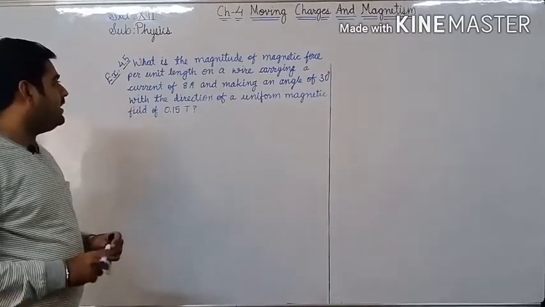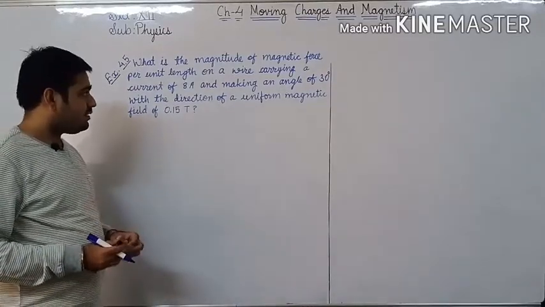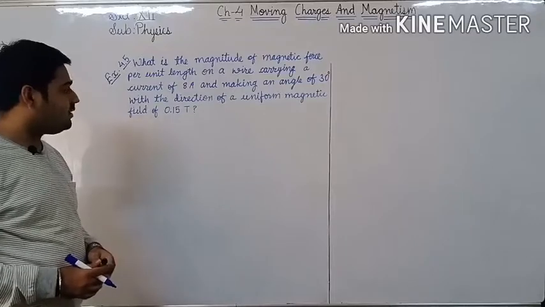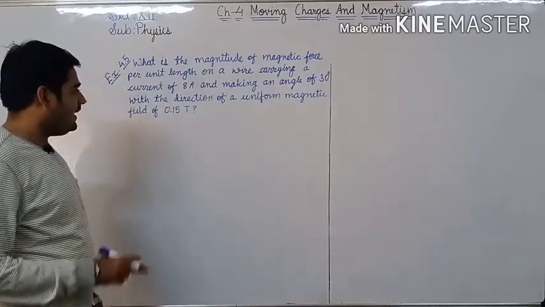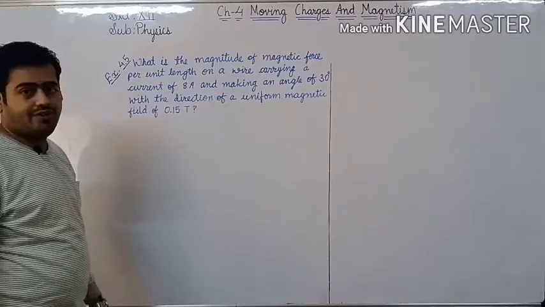What is the magnitude of magnetic force per unit length on a wire carrying a current of 8 ampere and making an angle of 30 degree with the direction of uniform magnetic field of 0.15 Tesla?